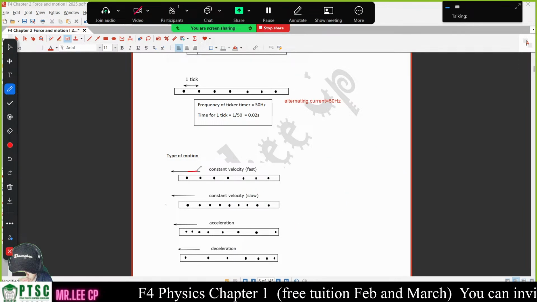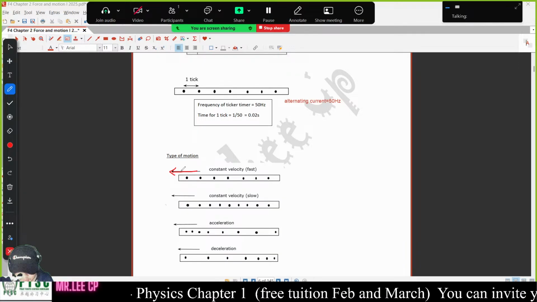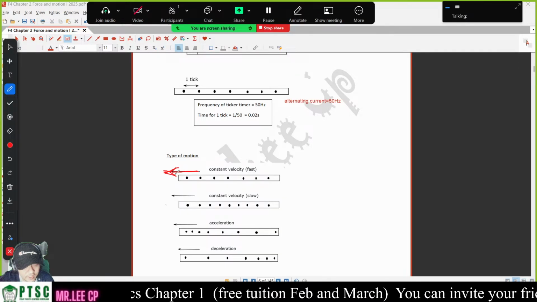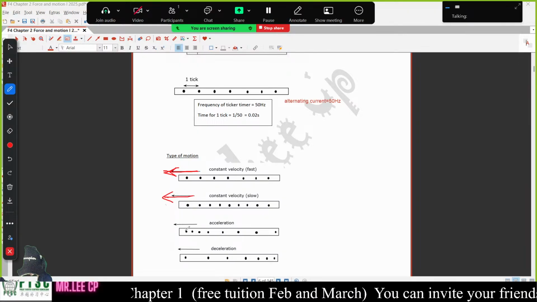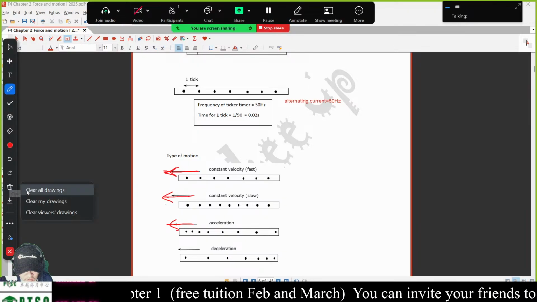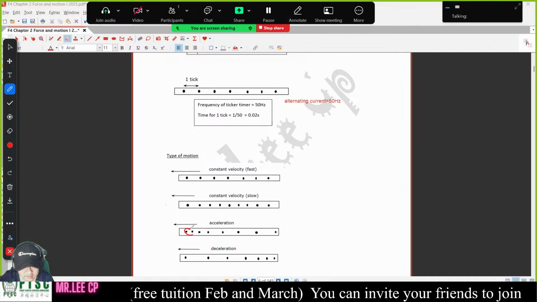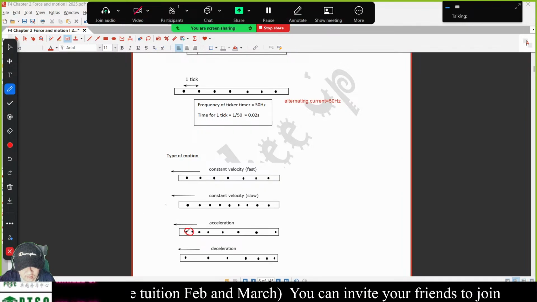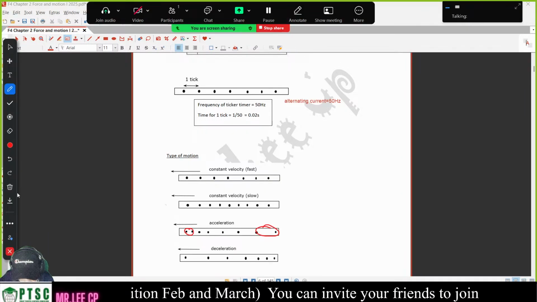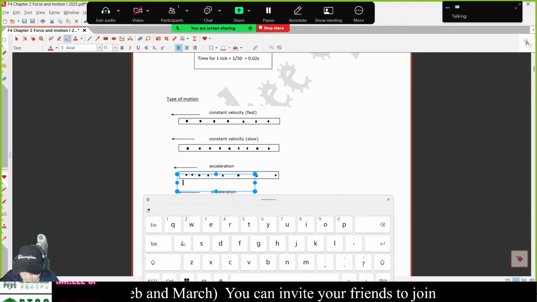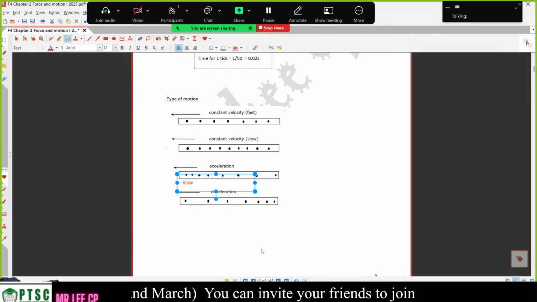Teacher, what does this arrow mean? This arrow tells me where you pull. I pull from this side. Now this one is acceleration. Why is it called acceleration? Here it is slow. I write down slow. How about here?